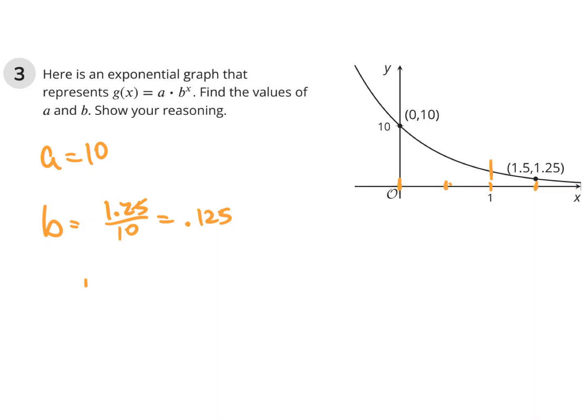So now, 10 times 0.125 to the x, where this represents 3 intervals. But we want 2 out of the 3 intervals, not 3 intervals. So what we could do is divide this by 3, put it in a calculator, and then calculate 2 jumps.